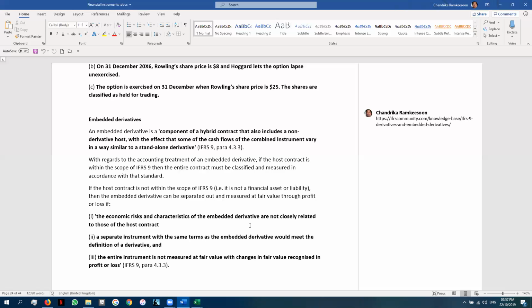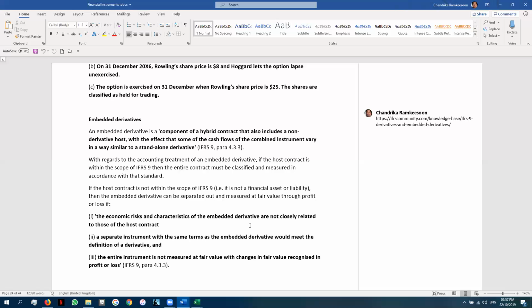An embedded derivative is a component of a hybrid contract. See, hybrid means it's a mix then. That also includes a non-derivative host, with the effect that some of the cash flows of the combined instrument vary in a way similar to a standalone derivative. Now let's read that again.